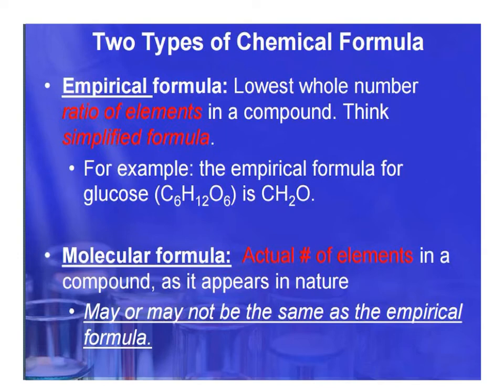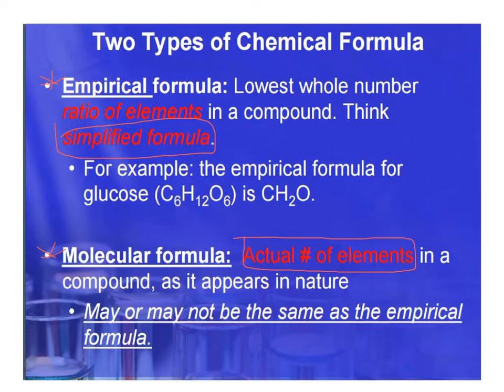Alrighty, so now we are going to talk about different types of chemical formulas. There are empirical formulas and molecular formulas. The empirical formula, the easiest way to think about it, is a mathematically simplified formula. The molecular formula is the real chemical formula of the compound, not simplified, nothing has been done to it.